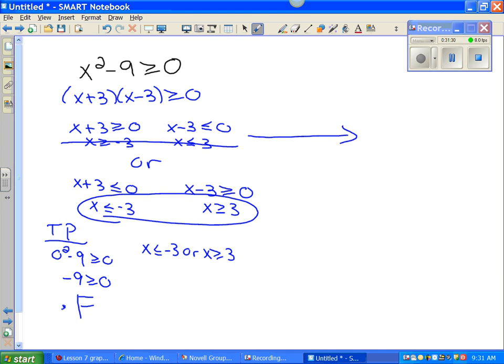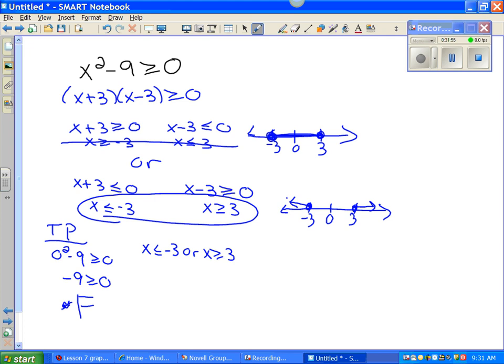If you look at it graphically, which may be easier for you, -3, +3, right? 0 is right here. Can it be part of the solution? No. This one goes this way and this way. Is 0 part of that solution? No. So it's going to be this one.